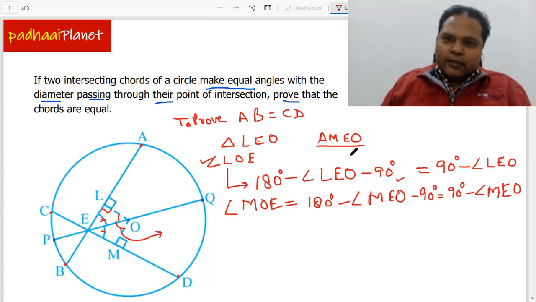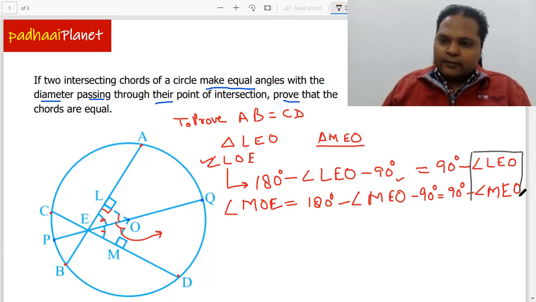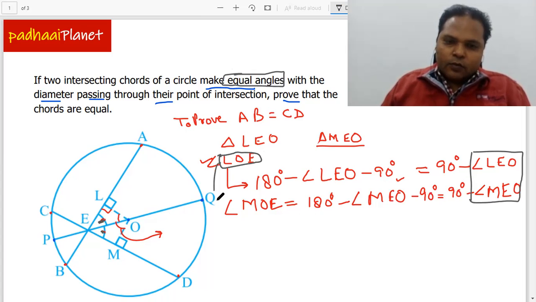And we already know that these two angles are given equal. That's given in the question: the two chords of a circle make equal angles with the diameter through their intersection. So we can then say that even this angle is equal to this, because both are equal to each other.